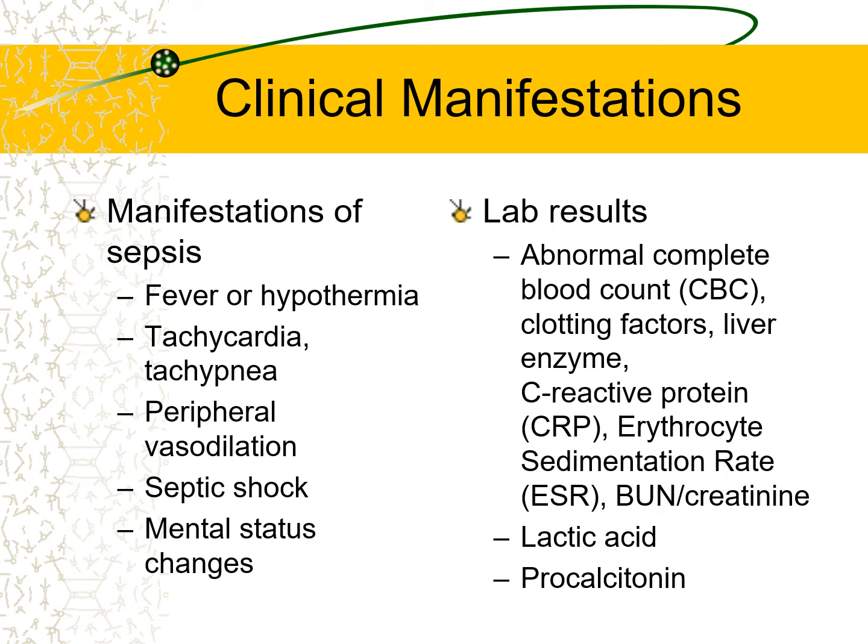We look at their liver enzymes, and especially the C-reactive protein, the erythrocyte sedimentation rate, or ESR, and our BUN to creatinine ratio, lactic acid, and procalcitonin. So we will go through some of these lab results here as they pertain particularly to our sepsis patients.